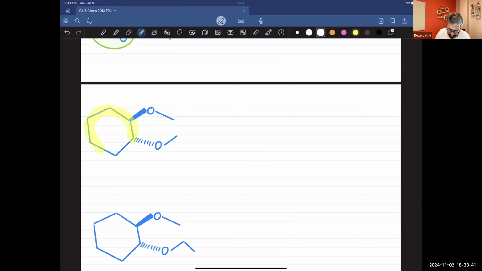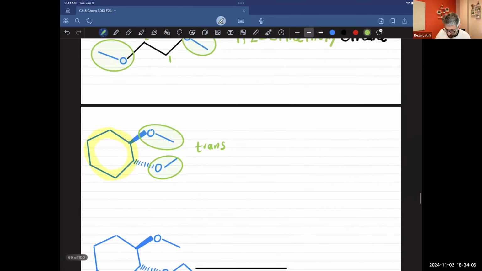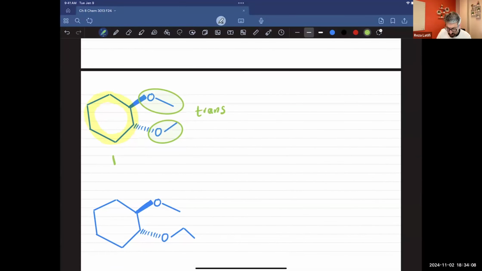This is going to be the main chain or the parent, so it will be cyclohexane. And look at the position of the two substituents. One of them is up and the second one is down, so we're talking about trans configuration technically. And we have methoxy groups on the first and the second carbons. So 1 and 2, I go dimethoxy.